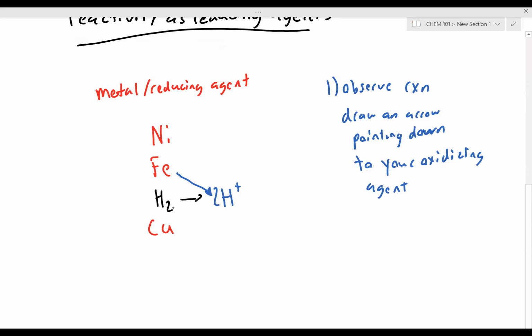What this relative placement, this downward arrow, is telling us is that iron is more reactive than H2 as a reducing agent.